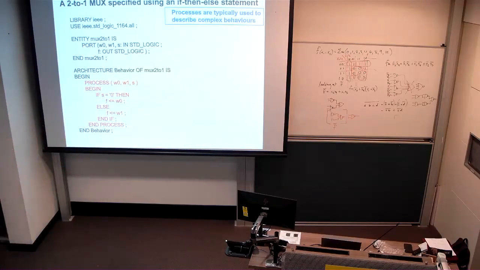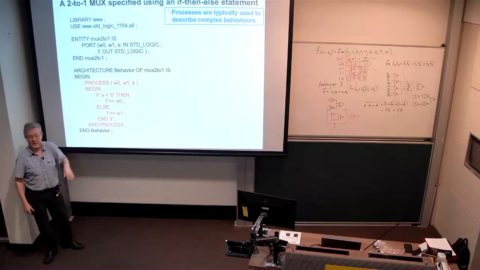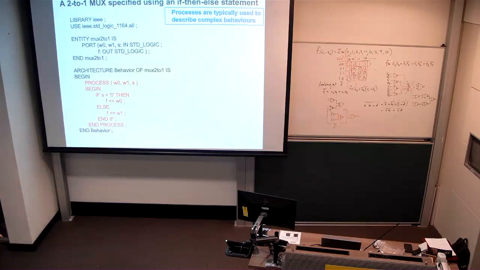There's many things that could be said about a process. The first thing to note about it is that processes are typically used to describe complex behaviors. A 2-to-1 mux in many ways is arguably too simple and does not deserve a process, all right? But we're using it because it's a nice simple example to start off on explaining some of the intricacies of a process.